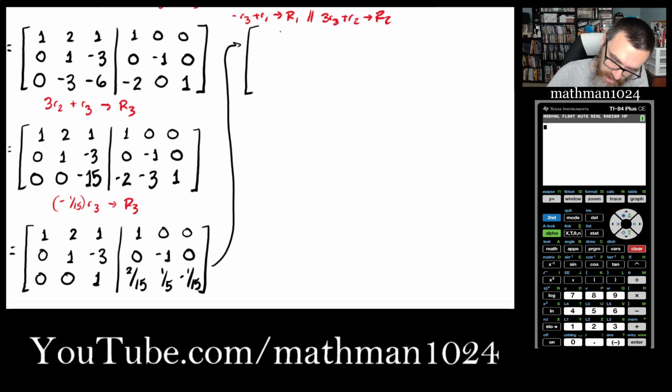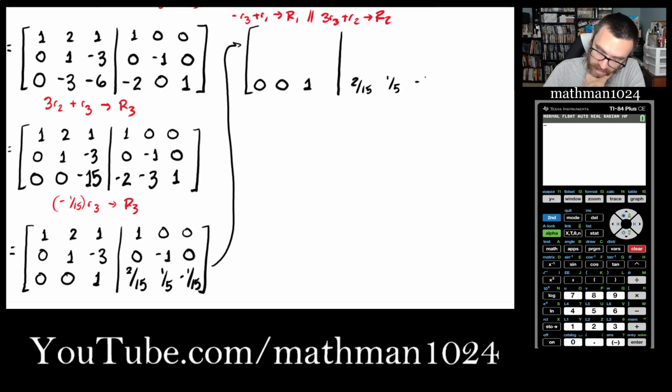All right, so let's see. Guess we only get to keep the bottom row the same this time. So that's 2/15, 1/5, negative 1/15. All right. So I'm doing negative the bottom row plus the top one. So negative 0 plus 1 is still 1. Negative 0 plus 2 is still 2.